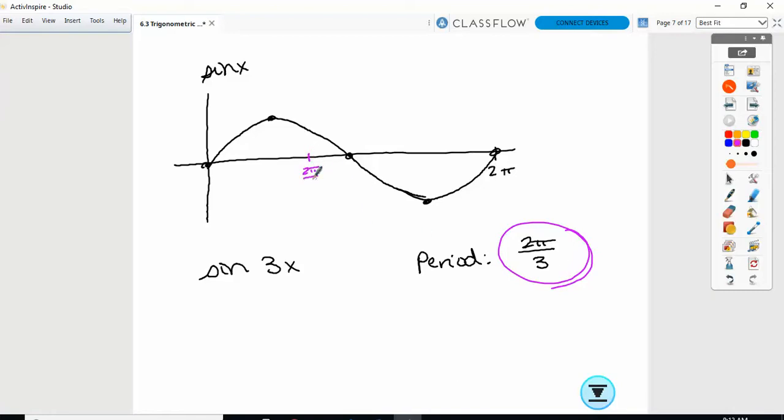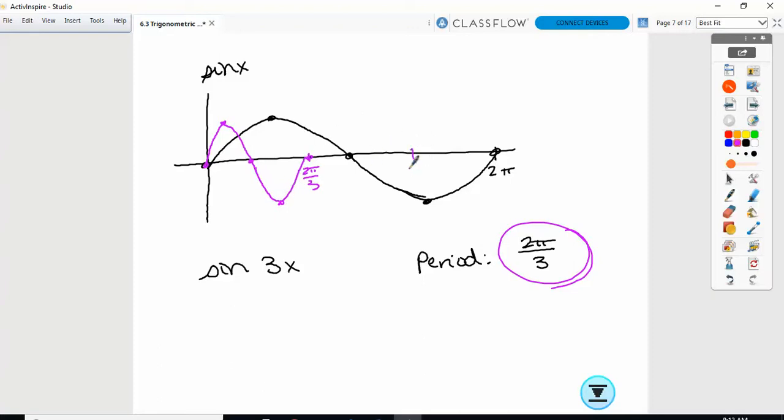2 pi over 3 is right here. So when I'm doing sine of 3x, this is one cycle.